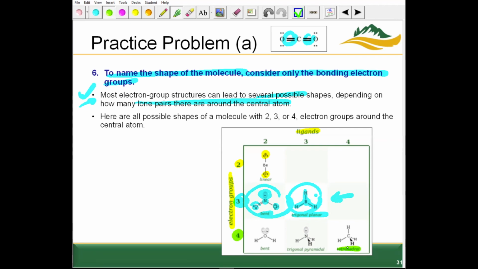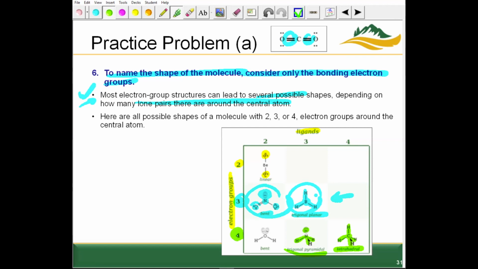For 4 electron groups, we saw a tetrahedral, so that central atom, and then 4 bonds from that central atom. Trigonal pyramidal is what we call still 4 electron groups around the central atom, but here we have 1, 2, 3 bonds, and then that 4th electron group is a lone pair.